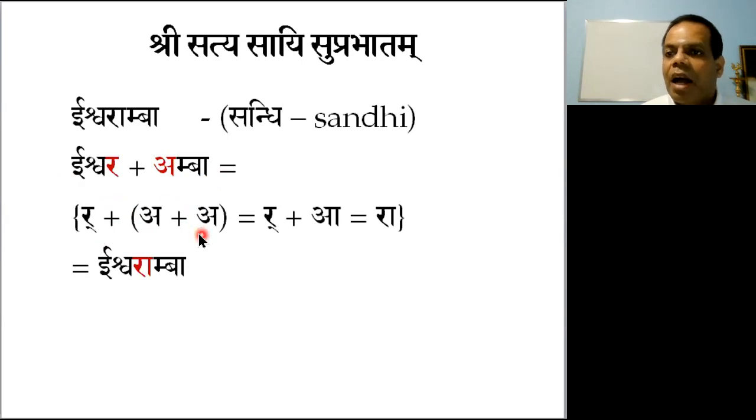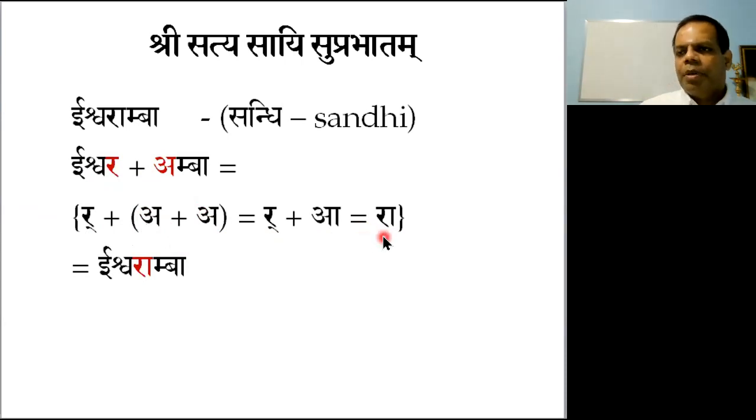So when they're joining together, this r plus a becomes ra. How does it become? This a from this ra, and the a which is following, they join to make a longer a. So what you end up with is r plus the longer a, and you get ra.